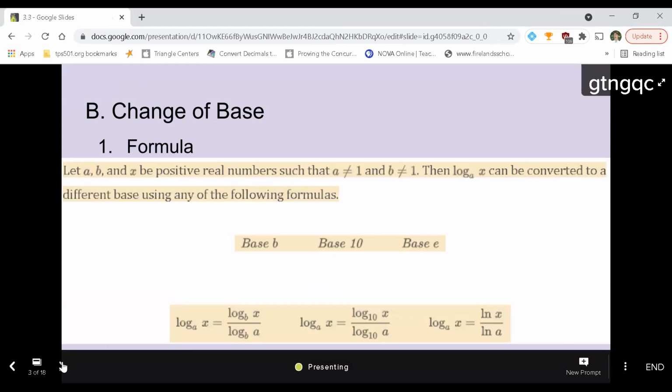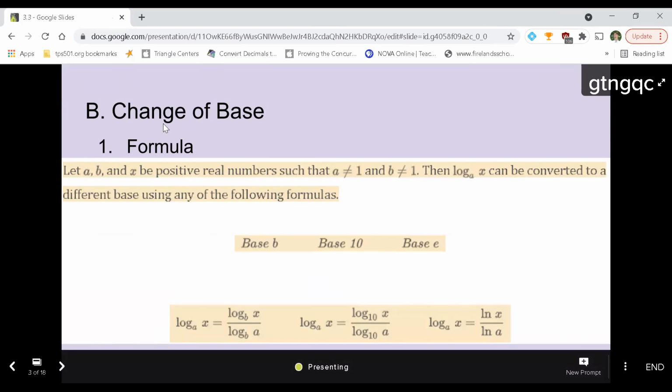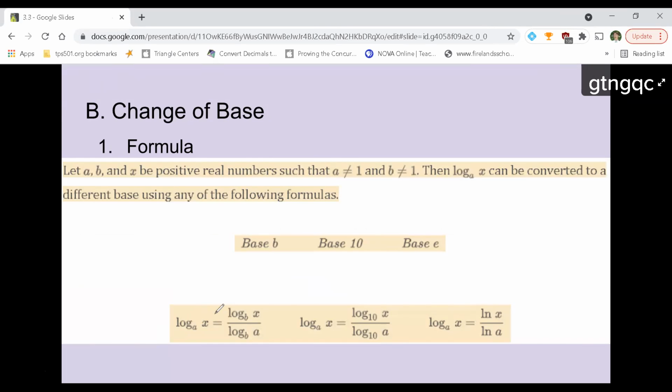Okay, here's the first thing. First thing I told you is something we actually already did in class. If your logarithm is written as log base a of x, you can change that base of a to any number you want by doing log base of whatever number you want of the value x over the log of the base.